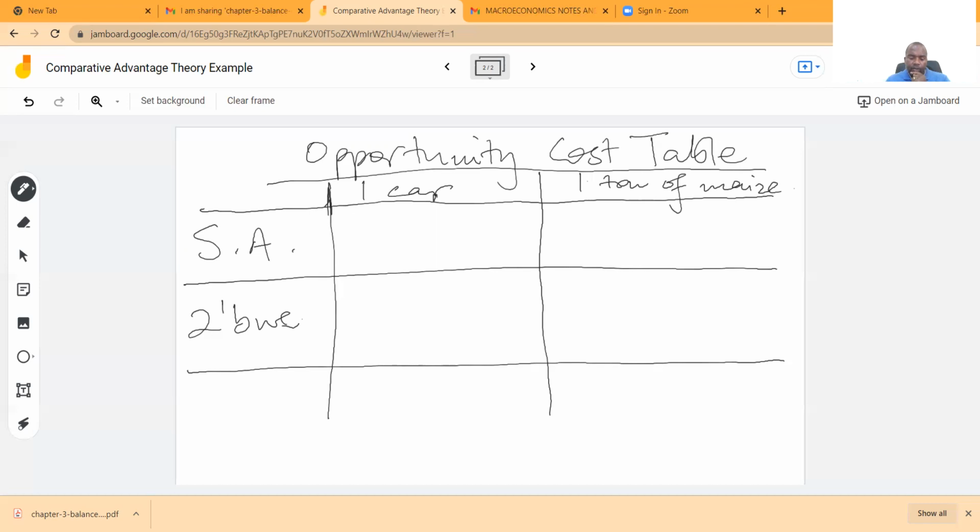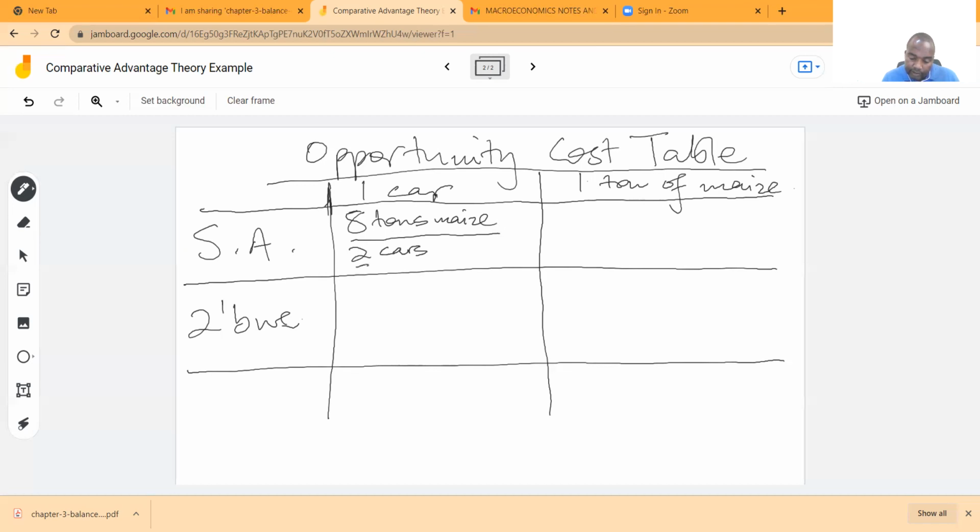So how about 1 car? For 1 car, it has to be 8/2. So it means we have got 8 tons maize divided by 2 cars.